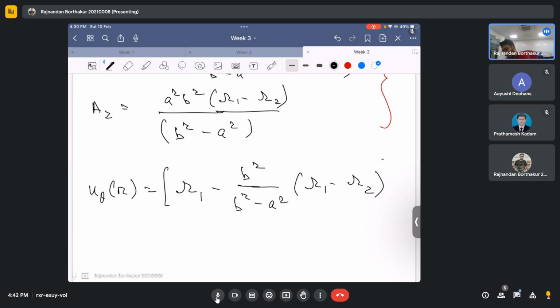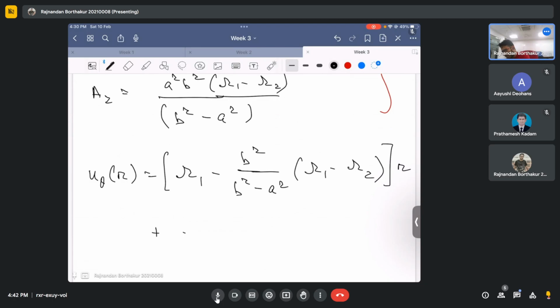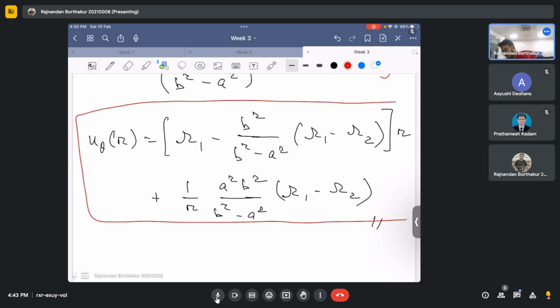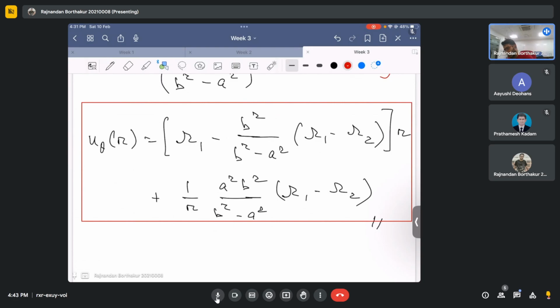Okay, there is an r multiplied by it, so this becomes r plus 1 by r times a squared b squared by b squared minus a squared into omega 1 minus omega 2. Okay, so this is the u theta that we are essentially seeking. This is basically u theta that we seek.